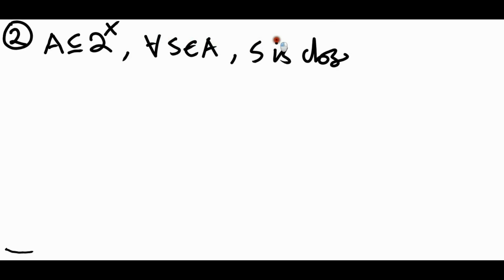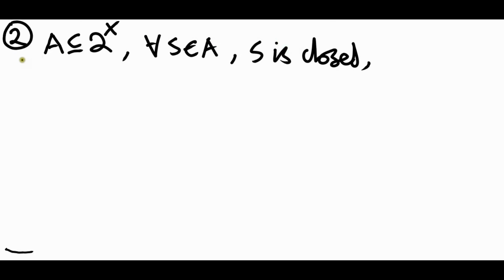We'll call that collection A. So we have that each member S of A is closed. Okay, so what does that mean?